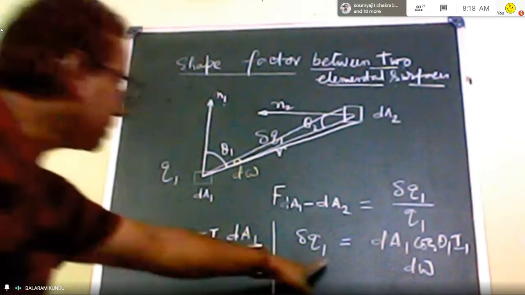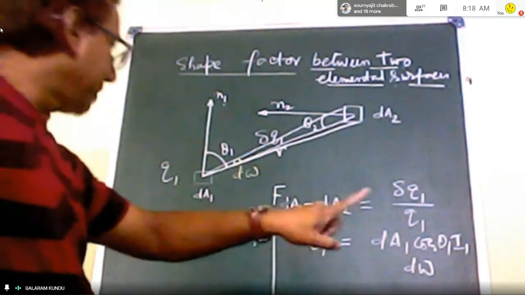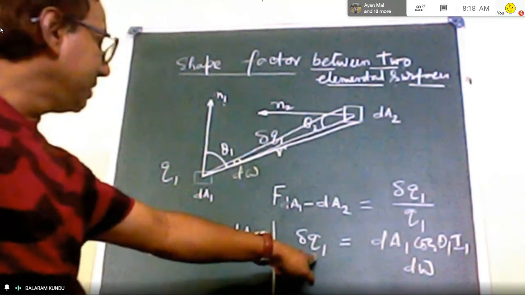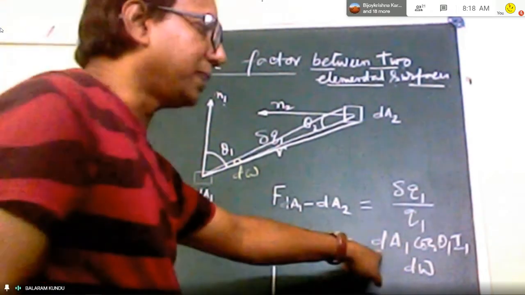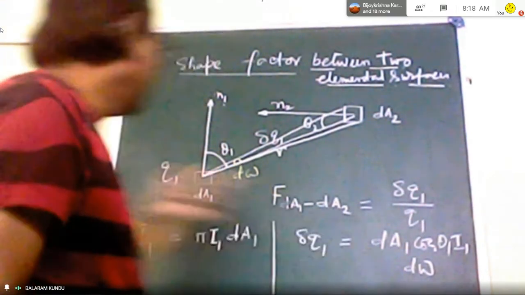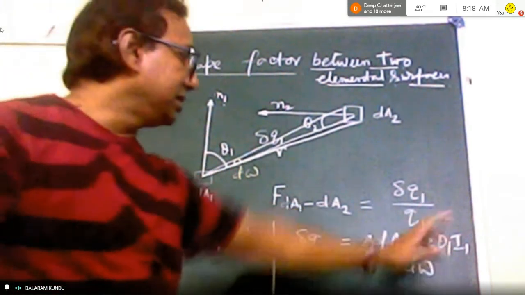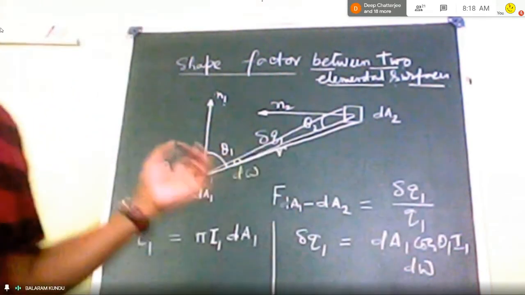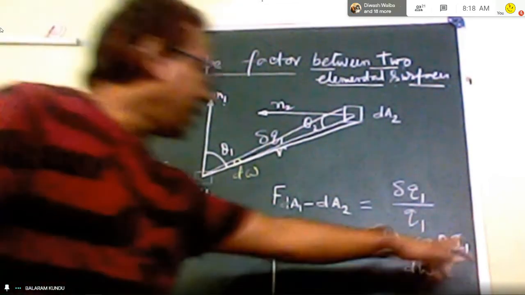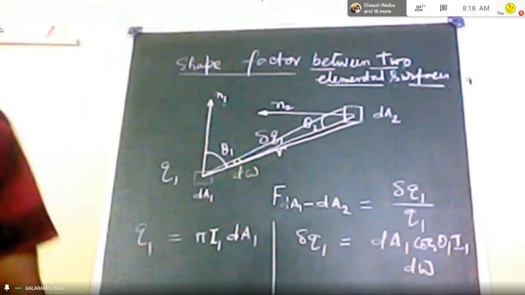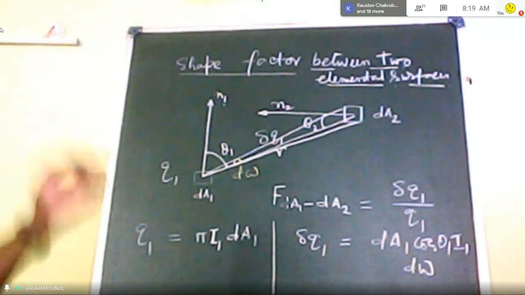From the definition of spectral blackbody radiation intensity, I have written this del Q1 equal to the perpendicular area in the R direction, that is dA1 cos theta1, and the radiation intensity for surface dA1, that is I1, into the solid angle d omega.